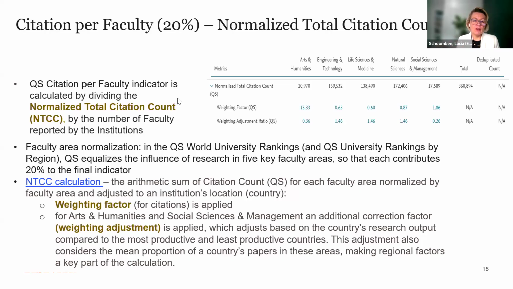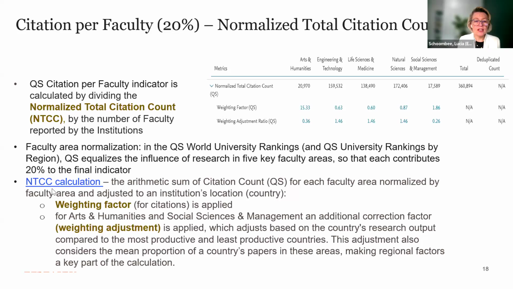So they do faculty area normalization. And this is done within the QS World University Ranking, but also in the other rankings, such as the regional rankings that we don't have within SciVal, but we're also aware of them. So QS equalizes the influence of the research in the 5 key faculty areas, so that each then contributes to 20% of the final indicator.